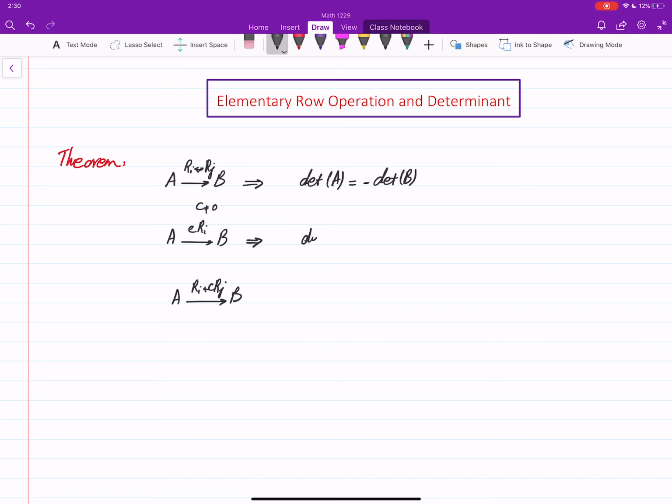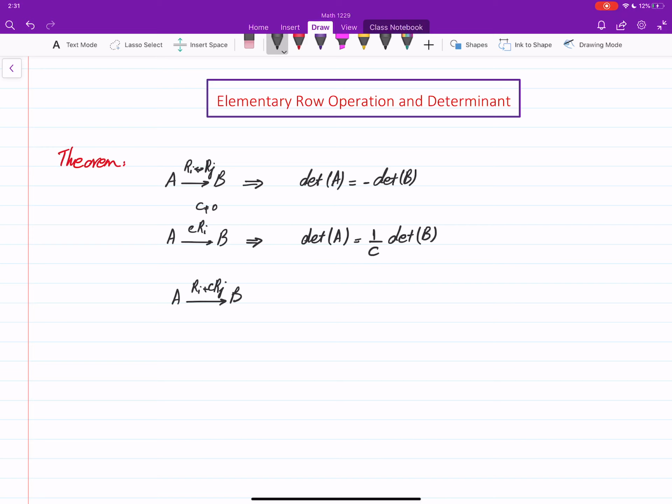If you change A to B by multiplying a row by a non-zero constant C, then determinant of A is going to be 1 over C of determinant of B. That's the second elementary row operation.